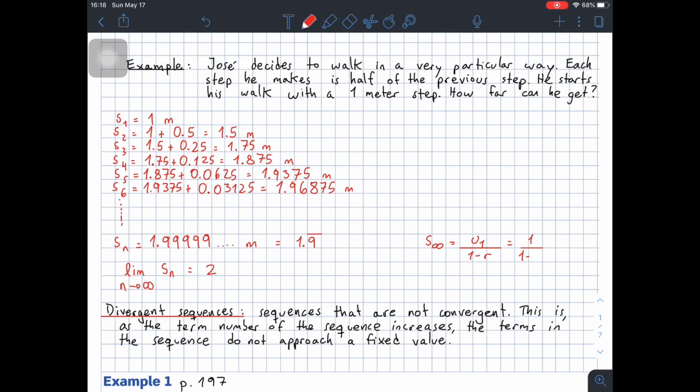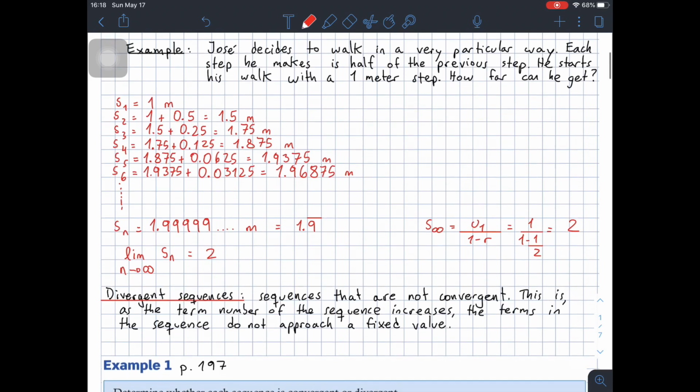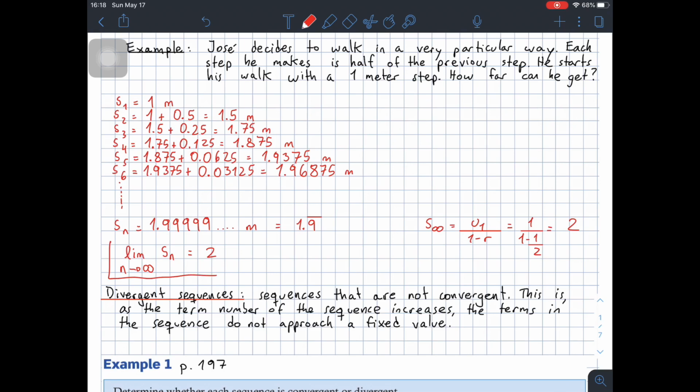We're doing half of the step each step, half of the previous step. So this is 2, right? So we get the same value, or actually they are the same value. The limit and this value over here represent the same thing. So this is what limit notation is about, okay?